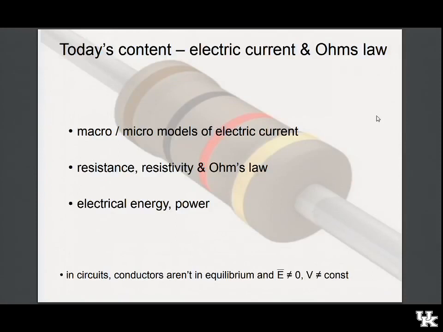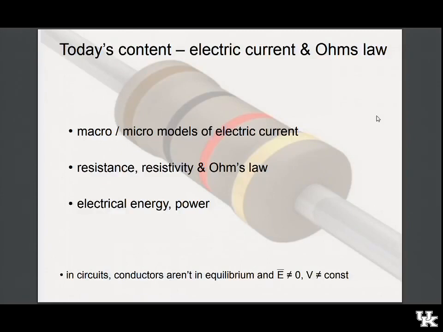Then I'll move on to Ohm's law, and with Ohm's law comes the concepts of resistance and also resistivity. So we'll learn Ohm's law, you've met it before probably, and we'll learn about resistance and resistivity. And then finally I'll say some words about electrical energy in electrical circuits, electrical power in circuits, equations relating to electrical energy, electrical power in circuits.